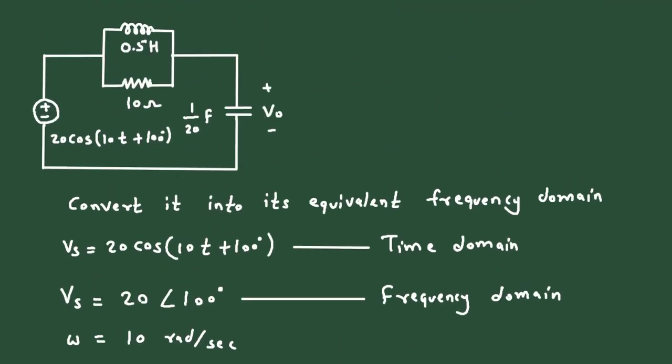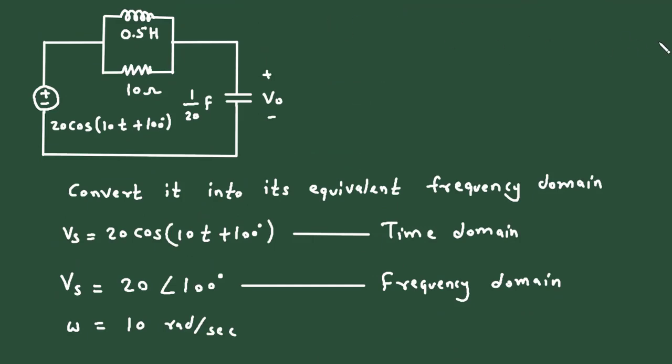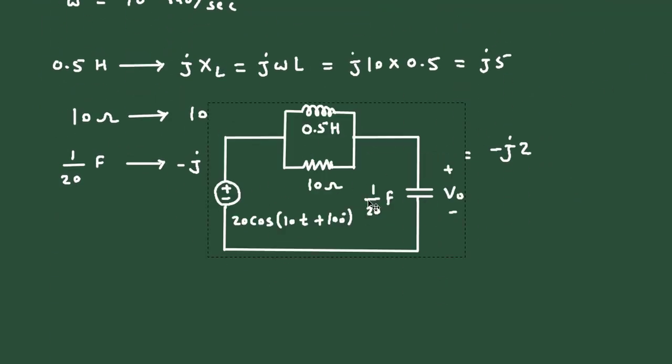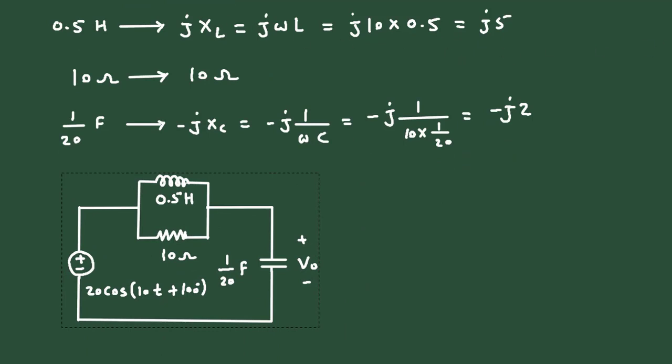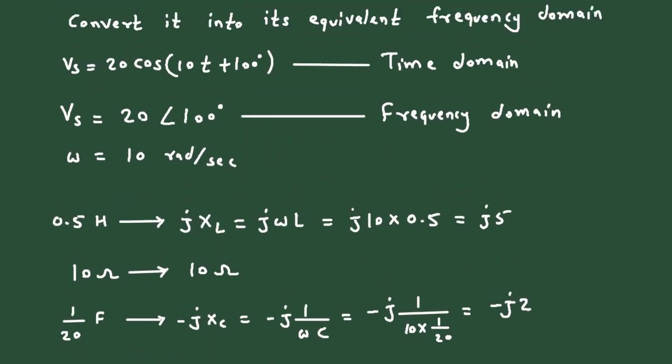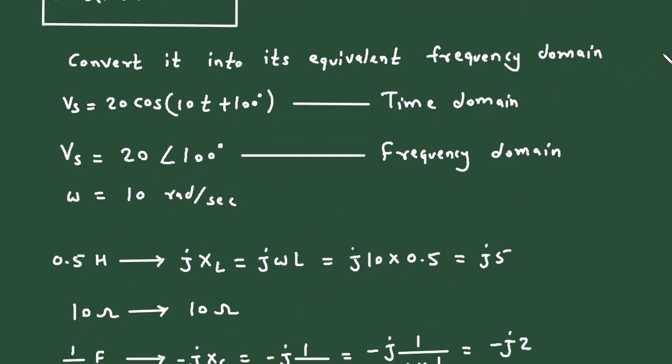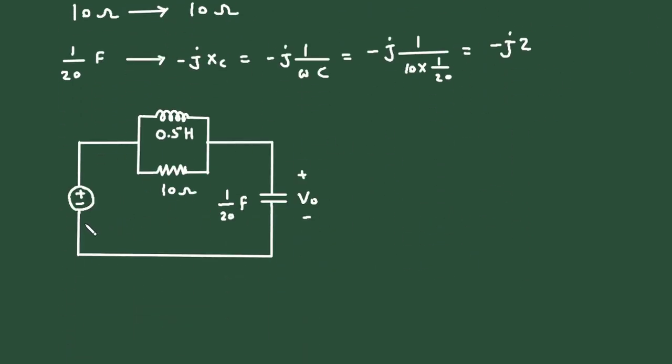Now we got all the values in frequency domain form. So let's replace these values. This 20 cos(10t + 100 degrees) will be replaced by 20 at an angle of 100 degrees.